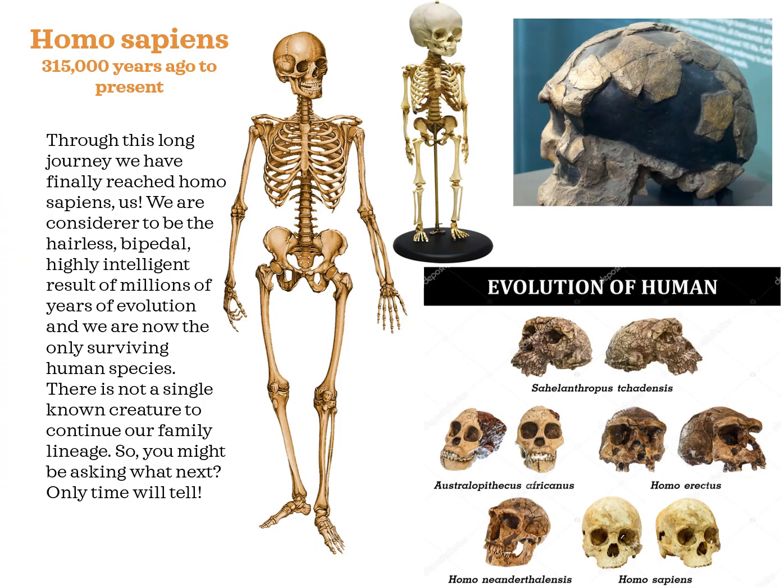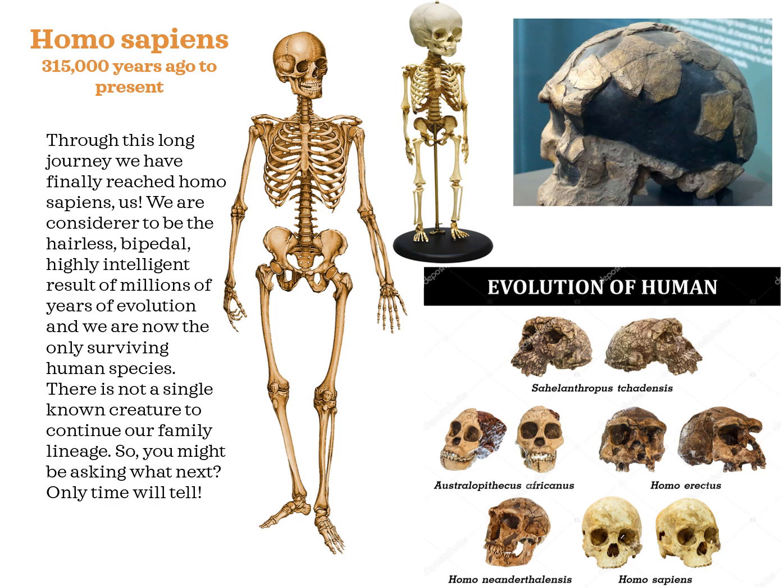Next, we have us, Homo sapiens. There are fossils dating back 315,000 years ago, but most commonly I saw references to fossils of 100,000 years ago. But this is us.